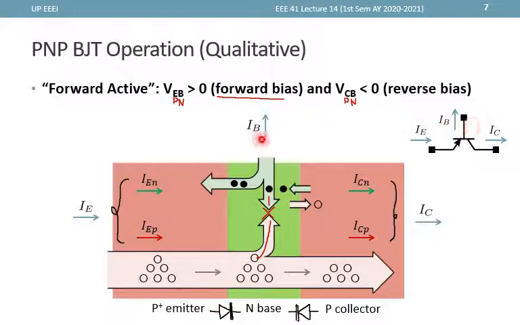Now IB is going upwards, and that is consistent with the expectation that electrons are going downwards. And this scenario also explains why the BJT is called a bipolar device, since the carriers that flow through the device are composed of both electrons and holes.